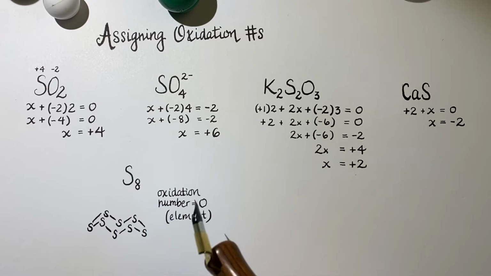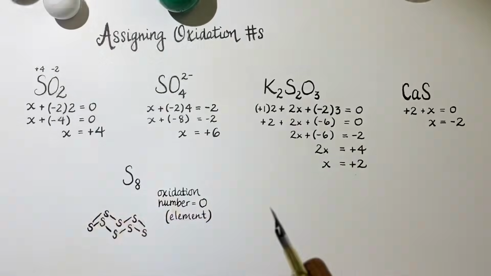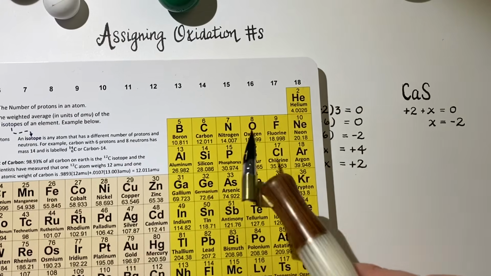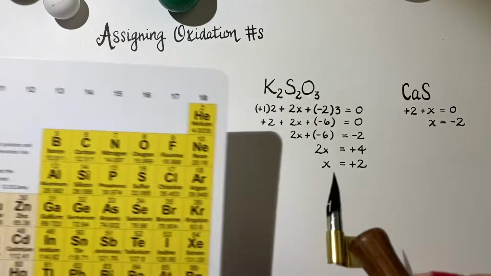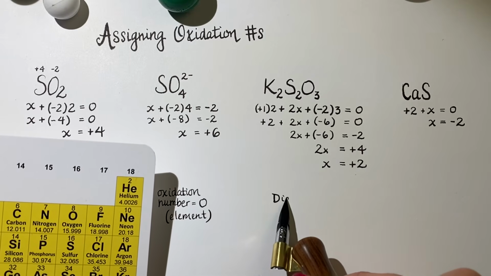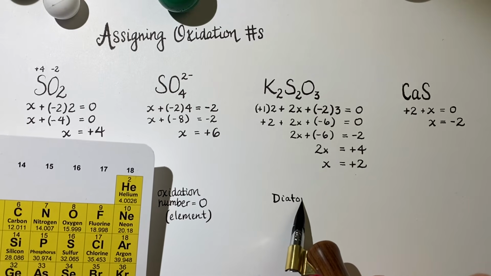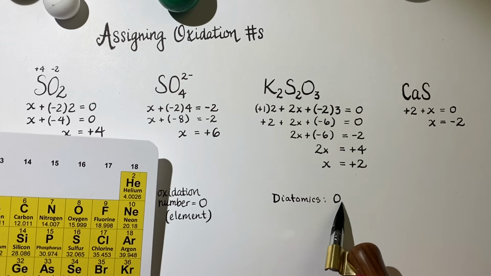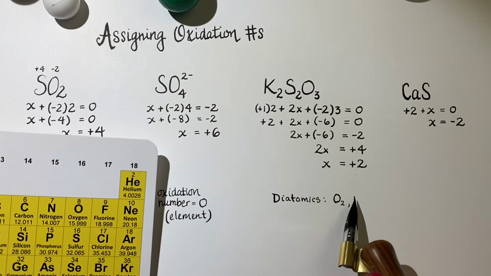A little bit more common is to have diatomics, such as O2, F2, Cl2. There's quite a few.